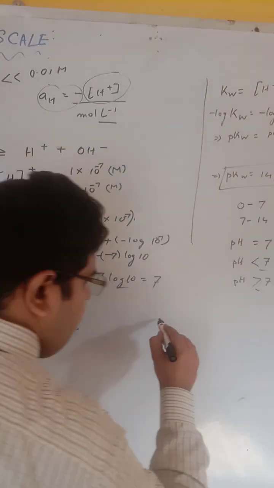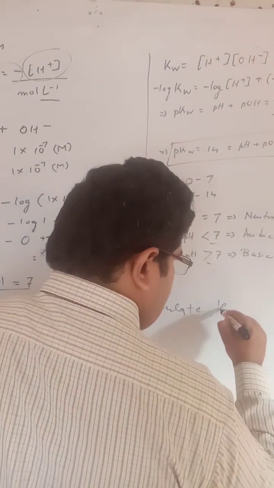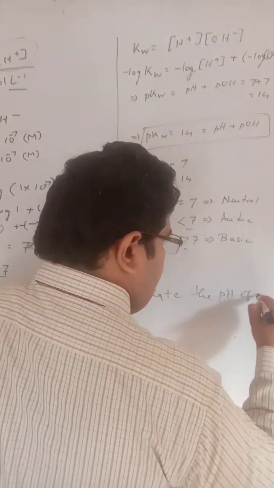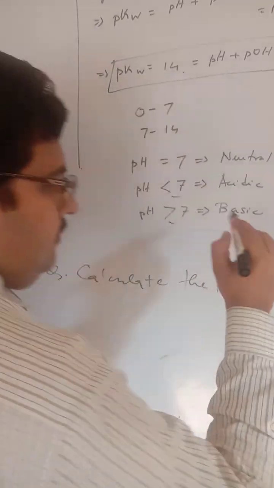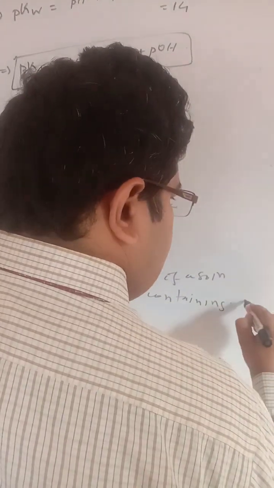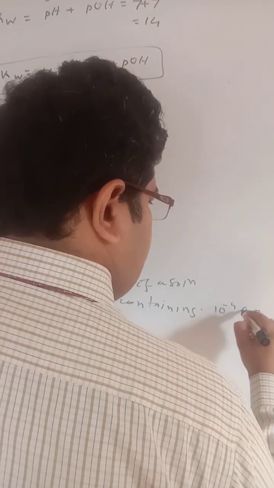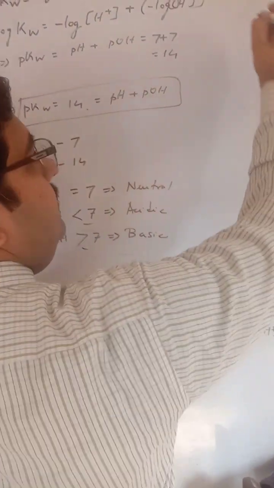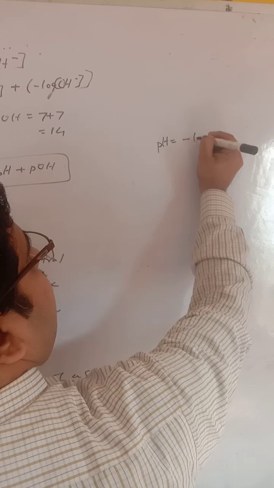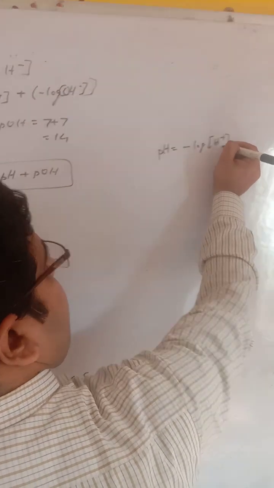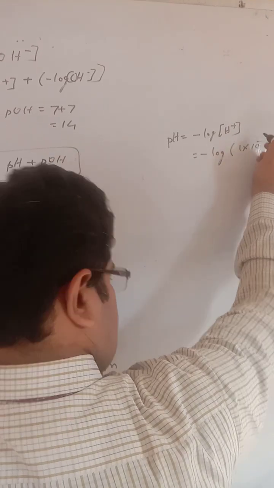Suppose you have been asked, calculate the pH of a solution containing 10 to the power minus 4 H plus concentration. What to do? In this case, again you take pH equal to minus log of H plus. Log of H plus is given, so minus log of 1 into 10 to the power minus 4.